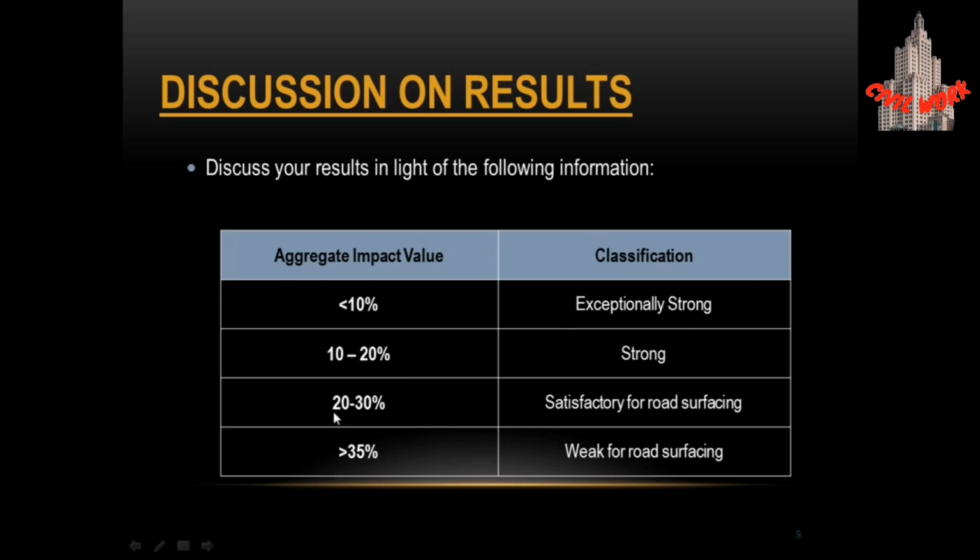If we have 20 to 30% impact value, it would be satisfactory for road surfacing. And when we have an impact value greater than 35%, it would be weak for road surfacing.